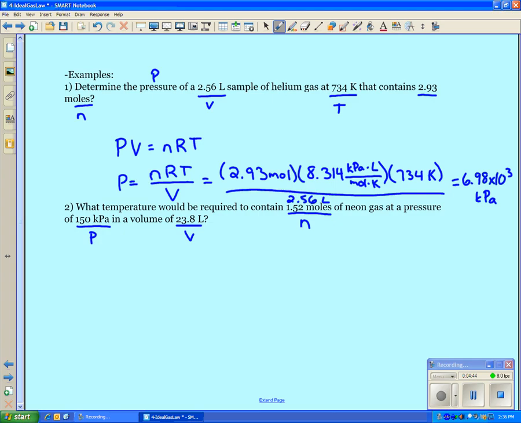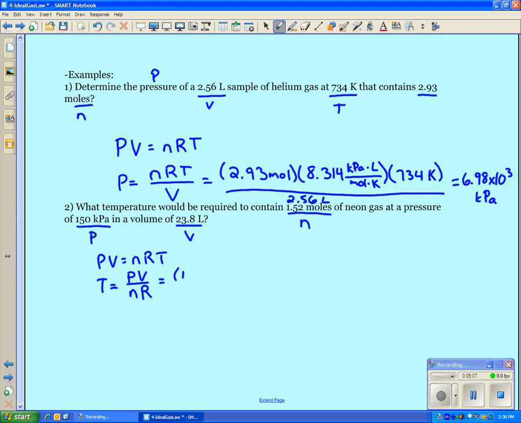So this time, when we rearrange the ideal gas law, we want to solve for T. So if we start with PV equals nRT and isolate for T, we're going to have T is equal to pressure and volume over top of moles and our constant.